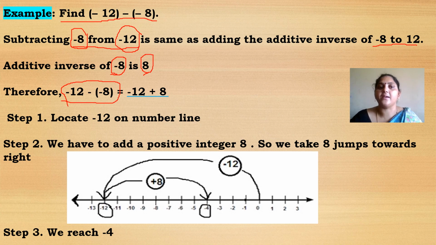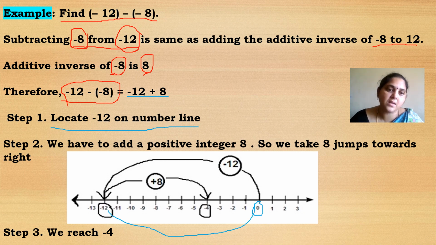Now, can we locate this on the number line? Yes, we can locate. How are we going to locate this? Locate minus 12 on the number line. This is our 0. So I have to go till minus 12. This is my minus 12. Now we have to add positive integer 8, so we make 8 jumps towards the right.